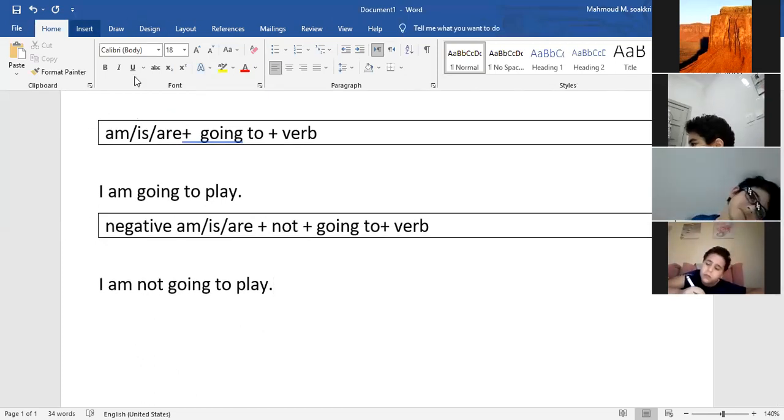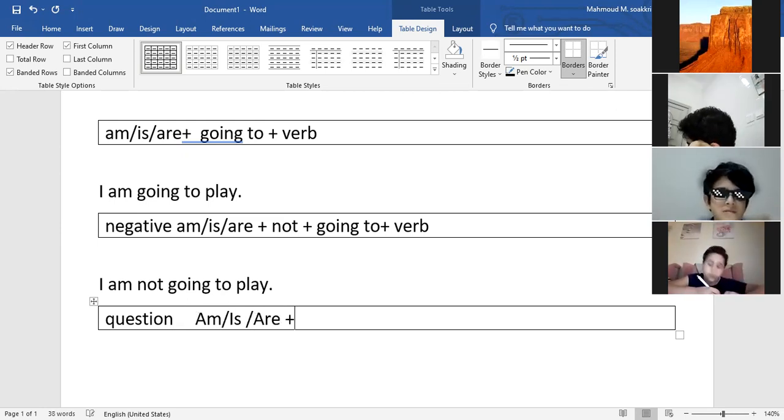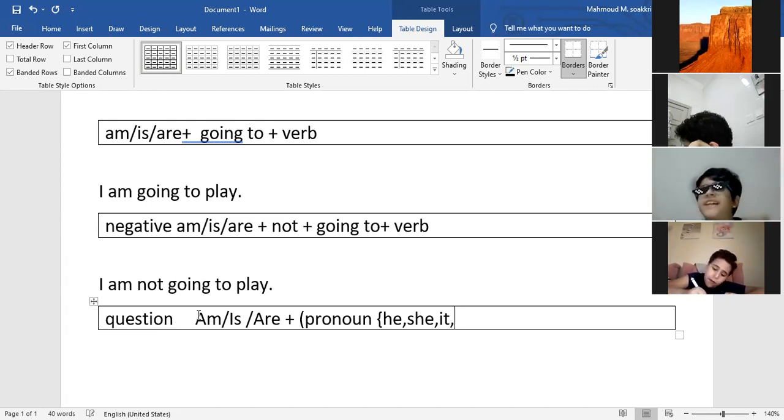To make question, you start with am or is or are, and then pronoun like he, she, it, for I, for we, or you, or they.